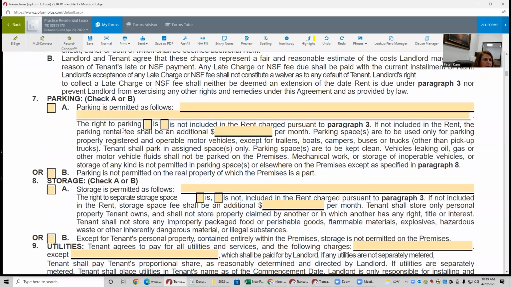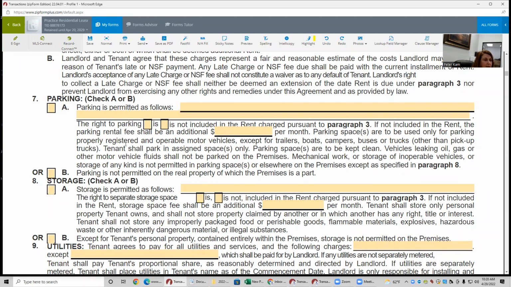So up here, parking is permitted as follows. If there's an attached garage, I will even put garage attached to unit, or if there's a parking spot on the premises that has a number, you're going to put parking space number 1 or 2, whatever the case may be. Make sure you're pretty explicit about where they're going to be parking.